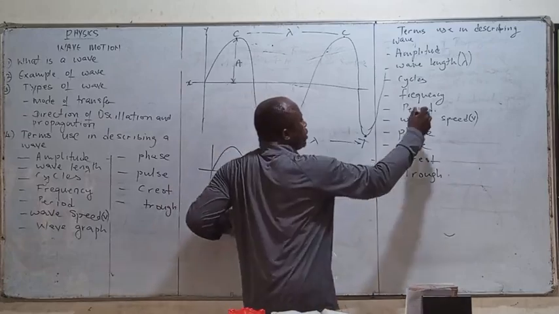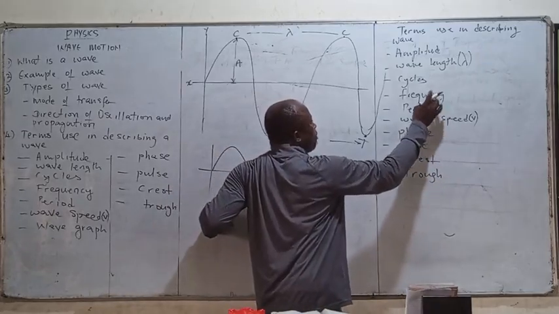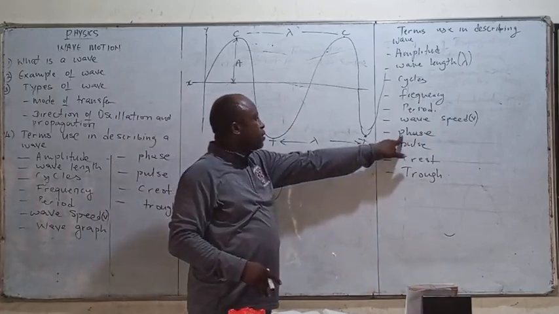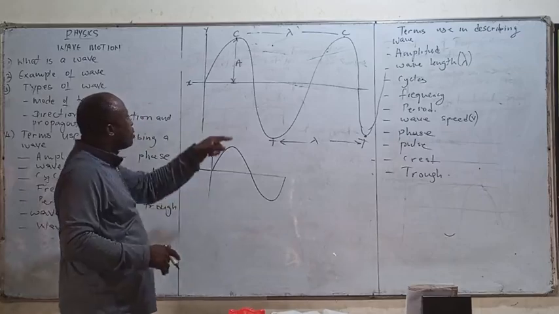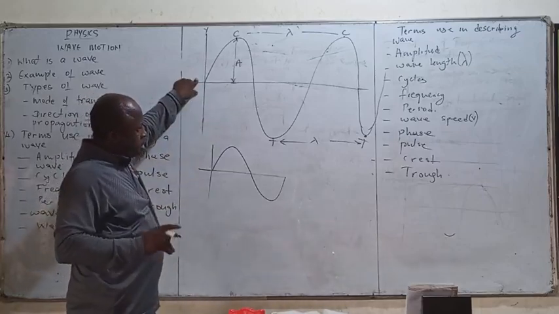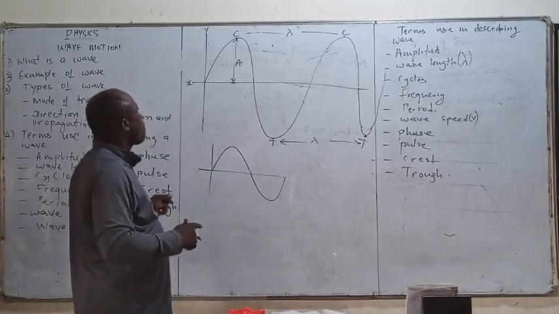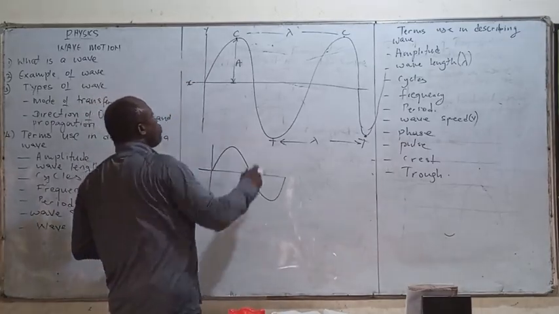There are some terms we left behind, but we'll come back to frequency and period. Let's look at phase. Phase is another key term used in describing waves. A phase is the position of a particle in a progressive wave.